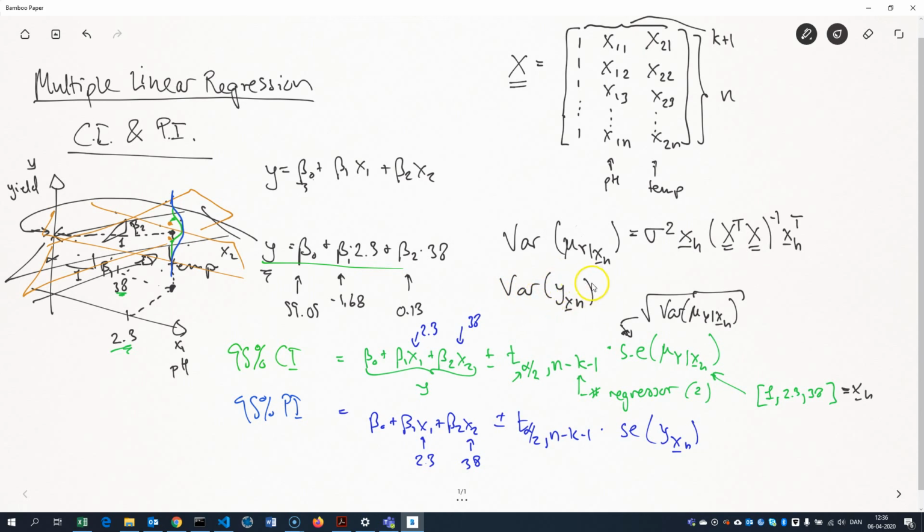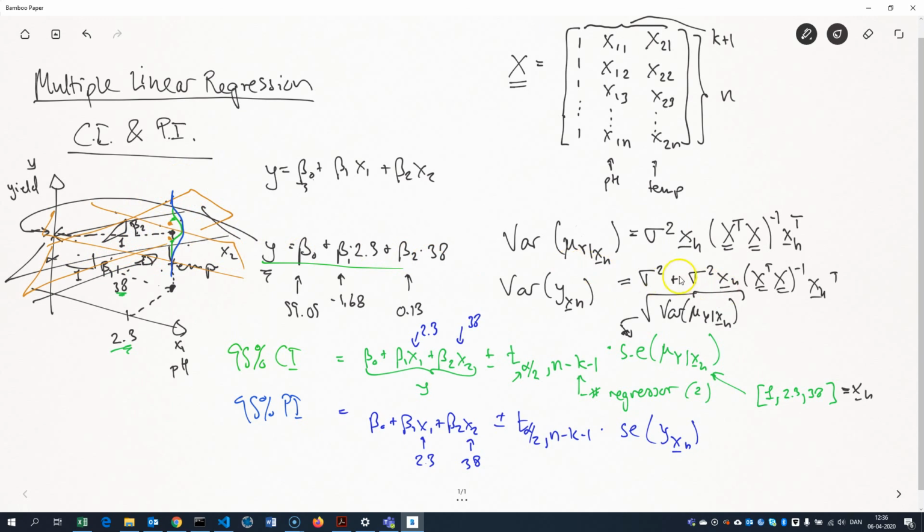The variance of the predicted single observation given some regressor variable values here is almost the same, but there's just another contribution of variance here. So we get sigma squared plus the same thing as before, completely the same thing. That's just what I talked about before.